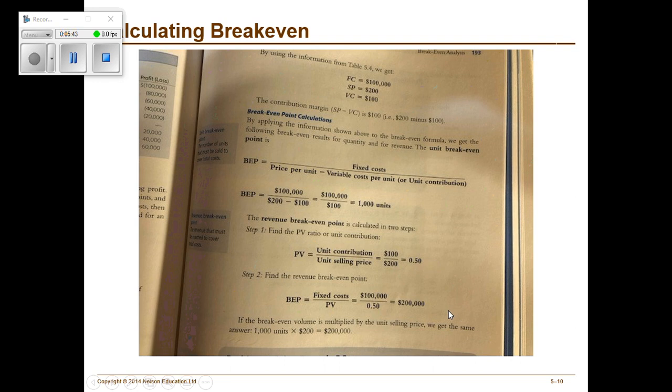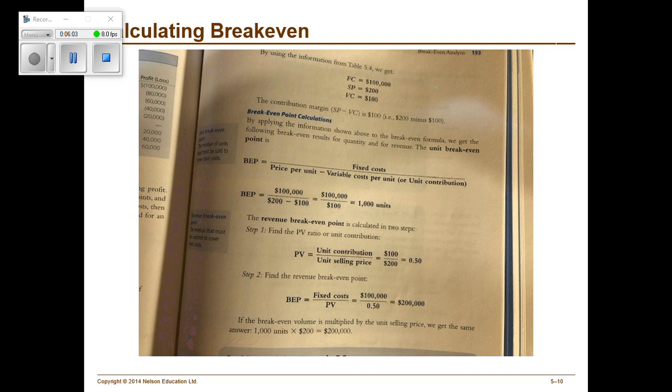So your break-even point for dollars is your fixed cost, which is the 100,000, divided by your PV ratio, which is 0.5 or 50%, would be 200,000.